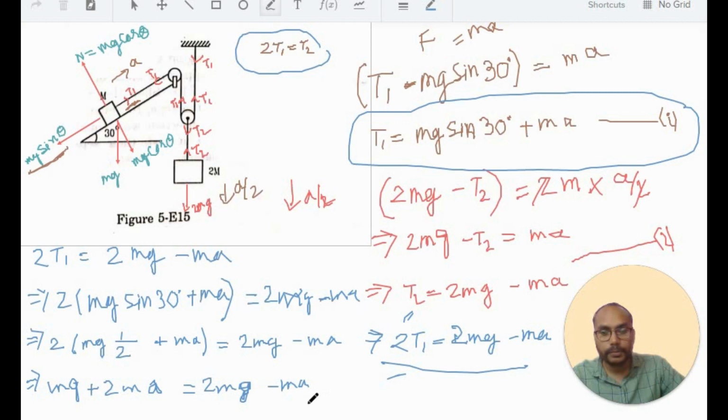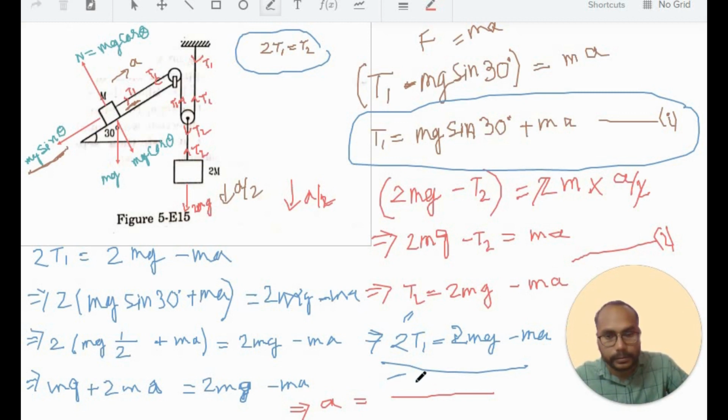So solving this equation, we'll get a equal to g by 3.